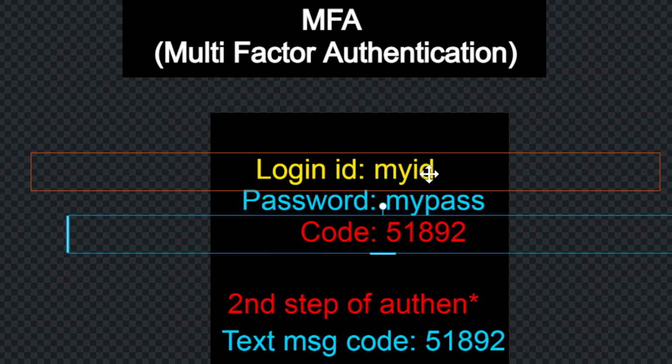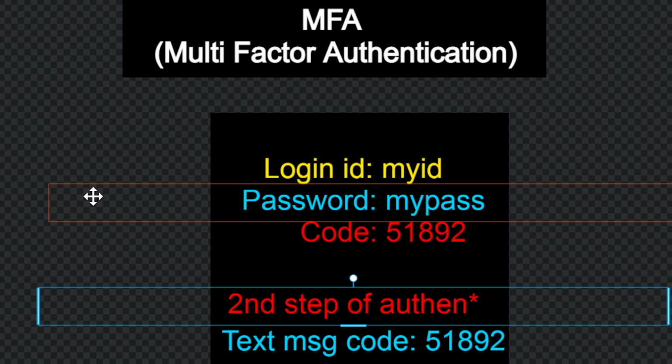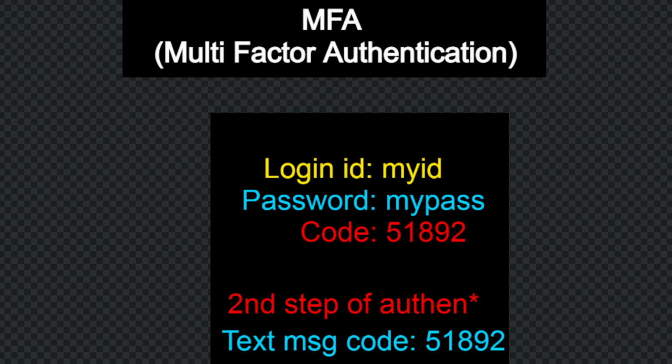And this will allow you to log in. And the reason companies, websites and applications use MFA is because it's more secure. And now you can use this application, website, and so on.